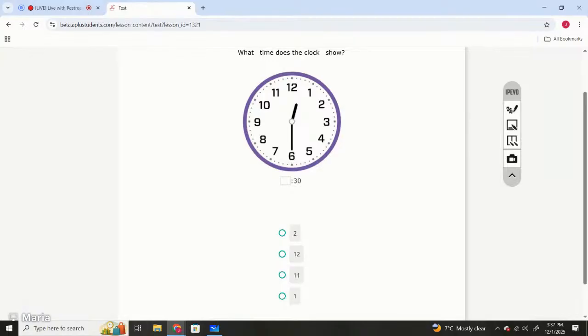What time does the clock show? That is 12:30. Option number 2 is the correct option.